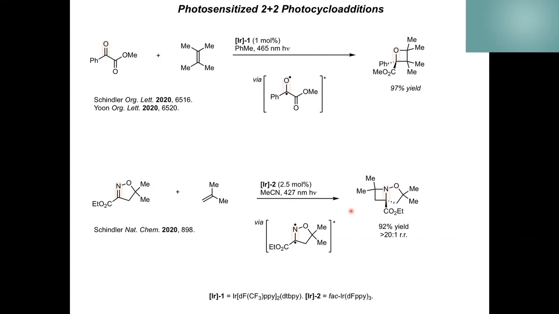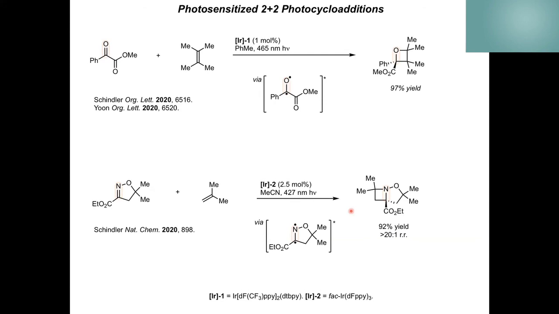But what I think is really cool and really exciting is that we continue to find new mechanistic pathways that allow us to engage new substrates for new types of sizes of rings. Of course, I'm biased to the four-membered rings, but also in trying to expand how we think about bringing those kind of components together.